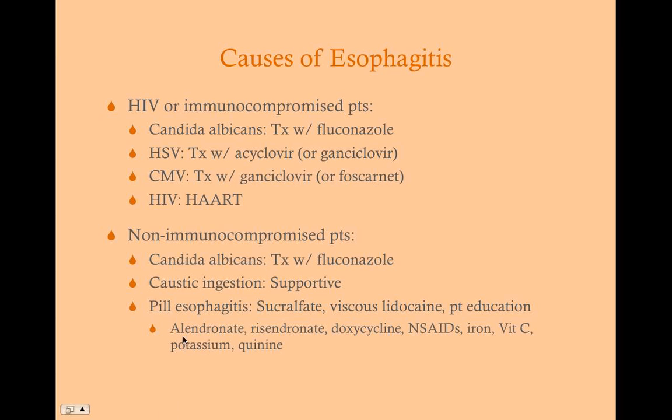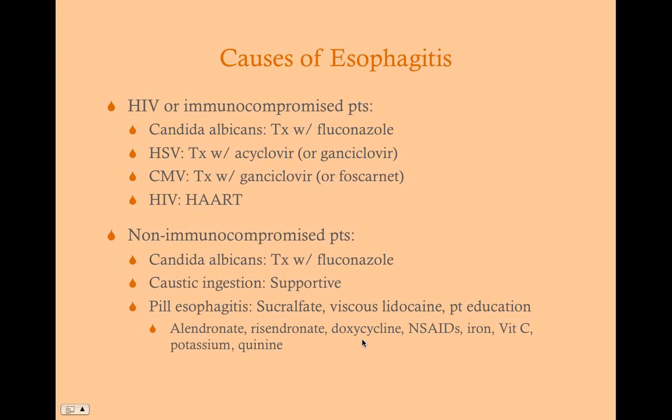So these are some of the medications that can cause pill esophagitis. Alendronate and risedronate are the bisphosphonates. These are generally prescribed for older women with osteoporosis. So with both of these you definitely need to take them with plenty of water, and you cannot lie down for a couple of hours after you take them.